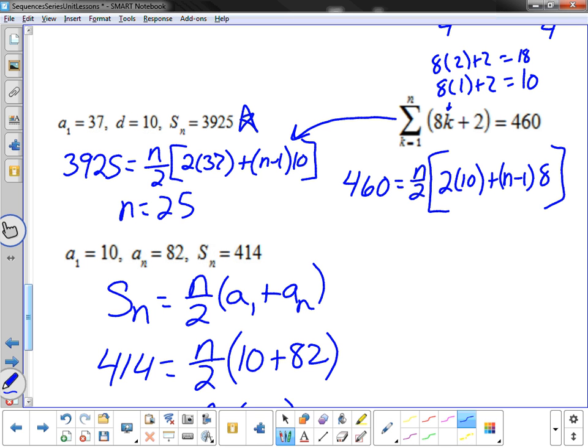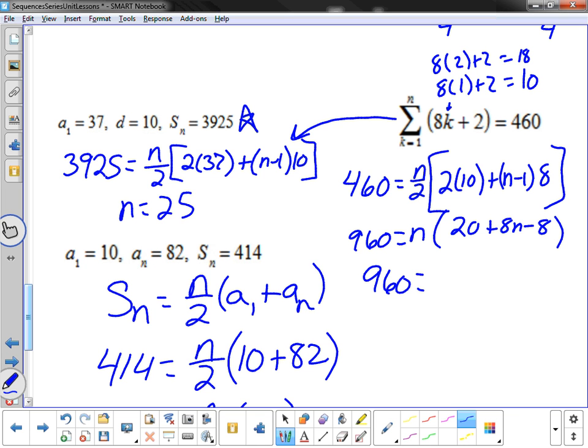And now I would go ahead again and work through like I did the problem up above. I would get my 20, and I'd get my 8n minus 8. And I would, again, multiply by 2. So I get 960 equals n times this quantity. And I'll just keep working it.